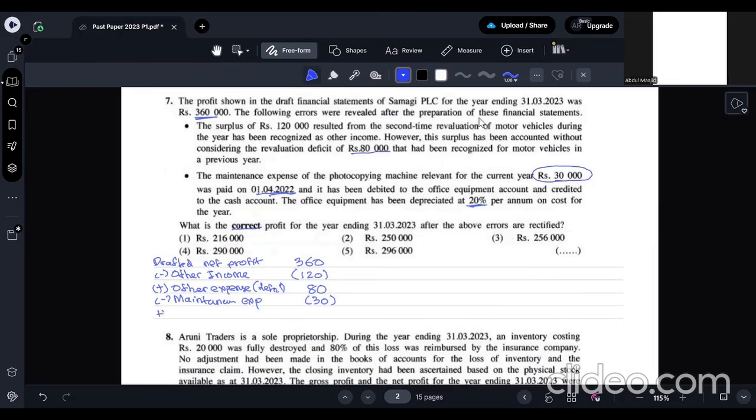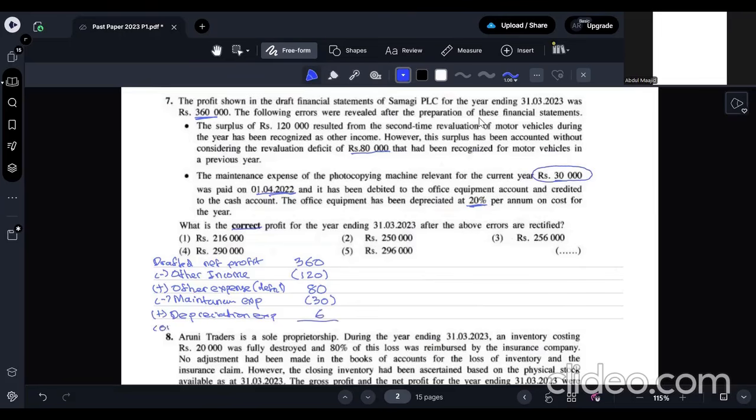So you have to add back the depreciation expense for that maintenance expense. So depreciation 20% of 30,000 is 0.2 into 30, that is 6,000. Okay, so they have deducted 6,000 as depreciation expense extra when they are calculating their net profit. Then you have to reverse it by adding that depreciation back.